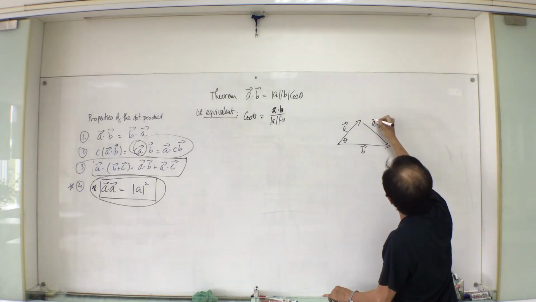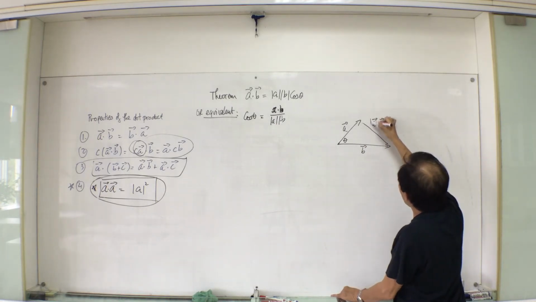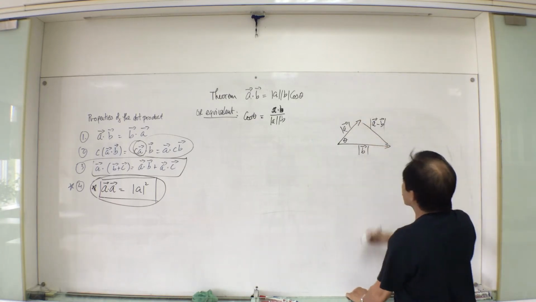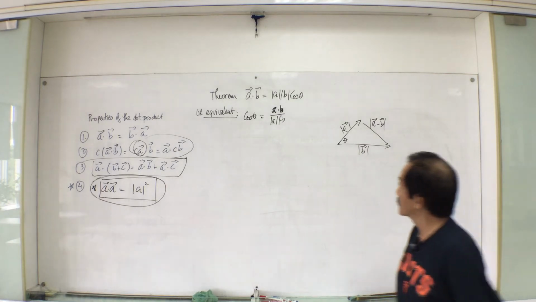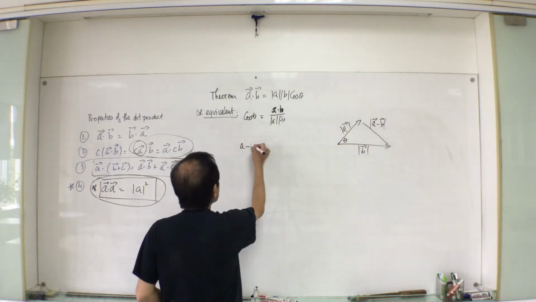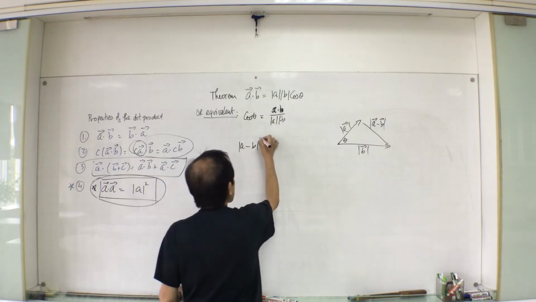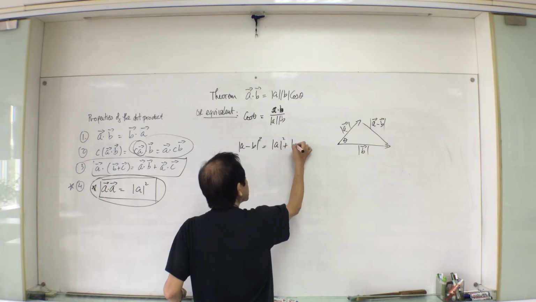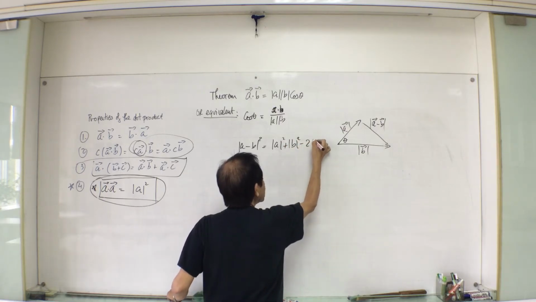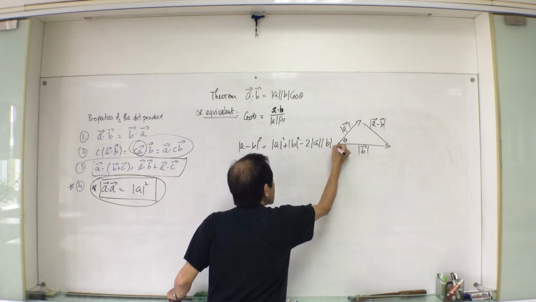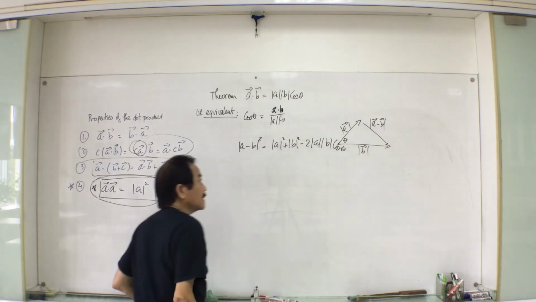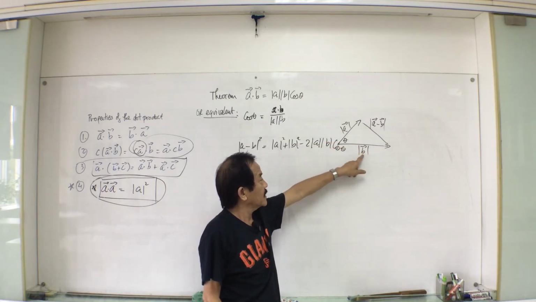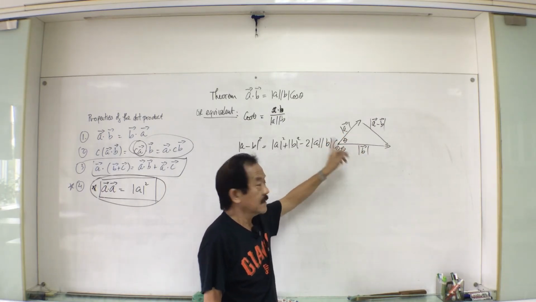So vector A minus B. If you take the absolute value, we can use the law of cosine: the opposite side A minus B squared equals A square plus B square minus 2 times A times B cosine theta. This is the law of cosine.